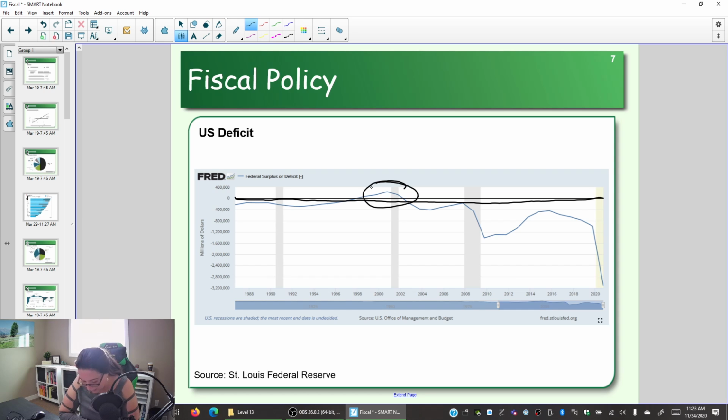Otherwise, there's been a lot of deficits. And deficits accrue and add to the debt. This graph is particularly interesting because it actually includes some of 2020. So you can see the impact that COVID has had on government spending in the US versus their tax revenue and the impact it has on deficits.